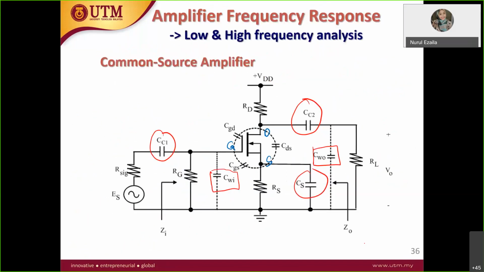High frequency, you should include all the internal capacitance: the wiring capacitance CW in and CW out, the total wiring capacitance at the input and output, and also the junction capacitance, CGD, CDS, and CGS. The yellow highlighted one is for the high frequency.